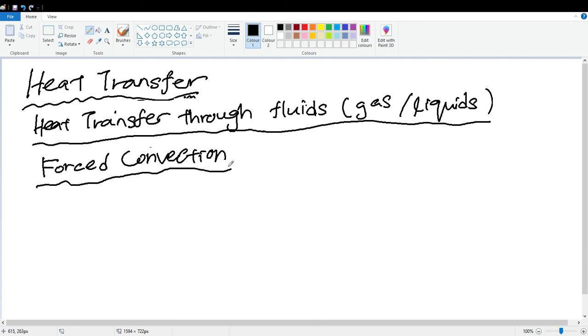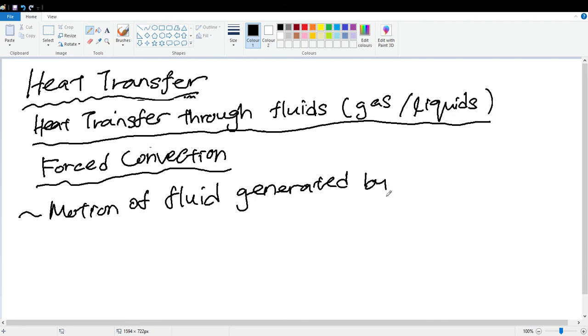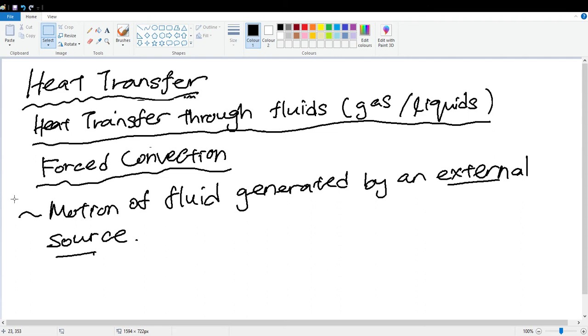So forced convection is actually meant by the motion of fluid generated by an external source. So this is the forced convection. So what is actually meant by external source? So let's just look at an example.